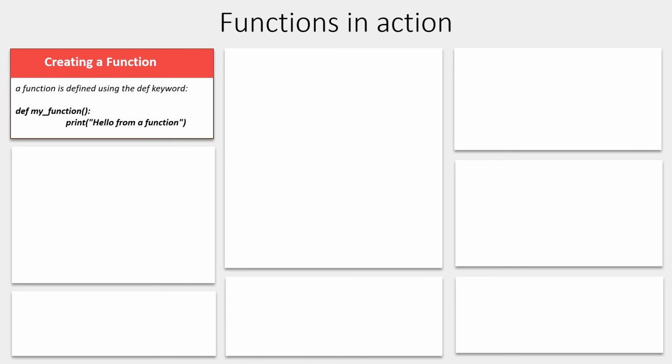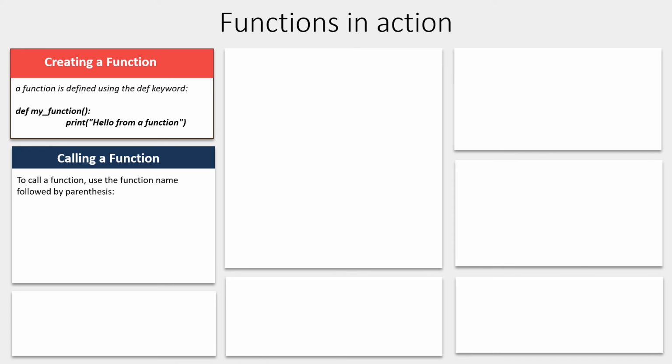When Python reaches and runs this def, it creates a new function object that packages the function's code and assigns the object to the name my_function. Next, after the def statement has run, you can call the function in your program by adding parentheses after the function's name.